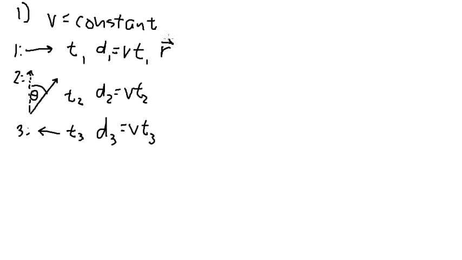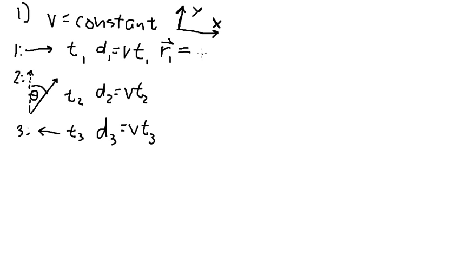What I want to find is the displacement for the first leg. I'm going to call that R1, and it's going to the east, which is to the right, so that's in our positive x direction. Let's set up the usual axes: vertical y positive and horizontal x positive to the right.